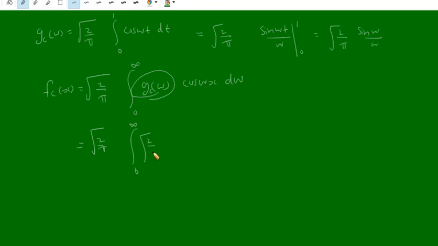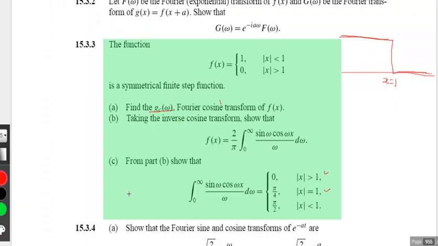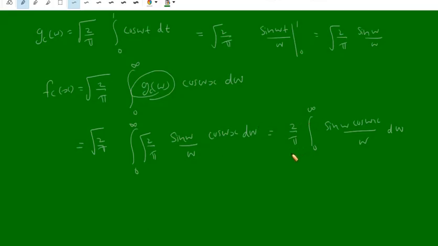So again you have root 2 by pi, then sine omega by omega, then cos omega x d omega. So this will be equal to 2 by pi, since root 2 by pi into root 2 by pi will be 2 by pi, integral 0 to infinity sine omega cos omega x by omega d omega, and this is our second question. This is taking the inverse cosine transform, show that f of x is equal to 2 by pi integral 0 to infinity sine omega cos omega x by omega d omega. Okay, so that part we have done.